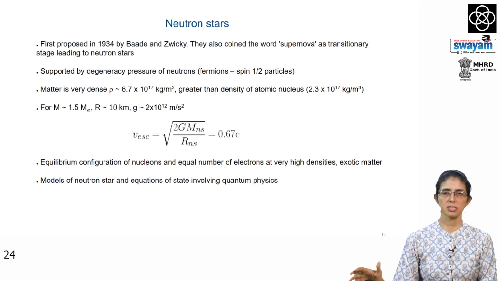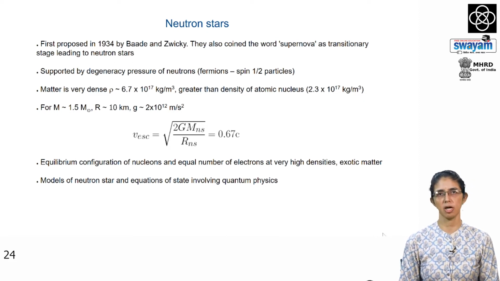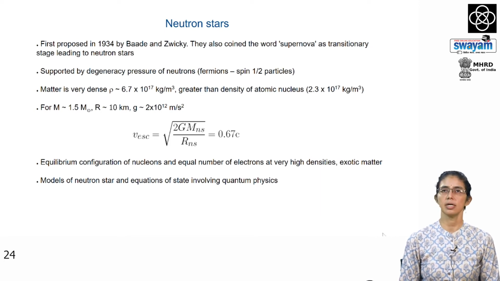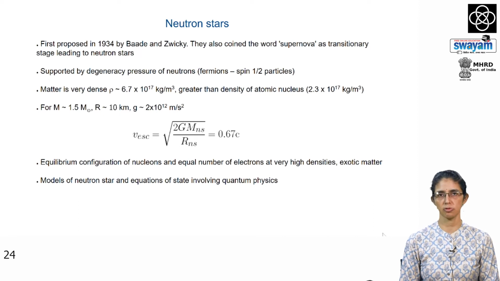For white dwarf stars, one can imagine that if the mass is of the order of the mass of the sun, then the size of the white dwarf will be roughly the size of the earth. That gives us an idea of the density of the white dwarf star. In the case of a neutron star, if one assumes that the mass of the star is greater than 1.4 solar masses, the size expected so that neutron degeneracy pressure supports it is around 10 to 15 kilometers, which means that the matter is extremely dense.